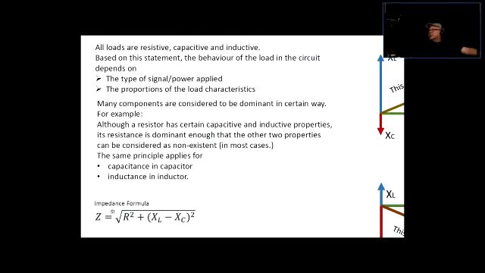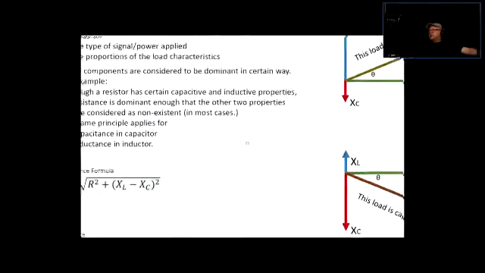So here's the impedance formula. The impedance of this whole load would be the square root of the resistance squared plus the reactance squared, where the final verdict is presented by the inductive or capacitive properties of the circuit.